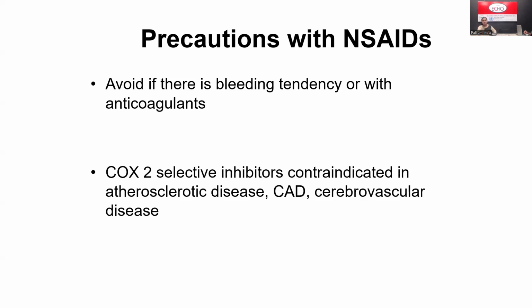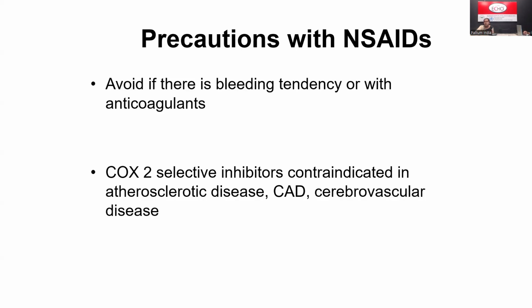Avoid if there is bleeding tendency or with anticoagulants, but it is not possible to avoid NSAIDs in patients with anticoagulants in every case. For example, if a patient has had a stroke, a post-stroke case, a patient who is on ecospirin, clopidogrel, we used to give NSAIDs along with ecospirin and clopidogrel.